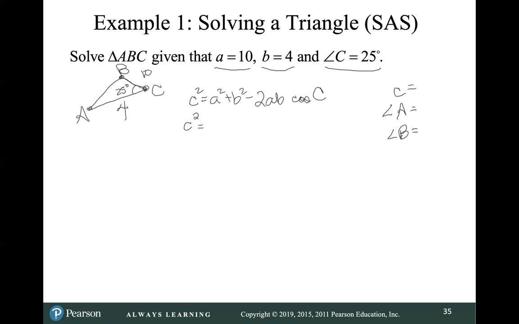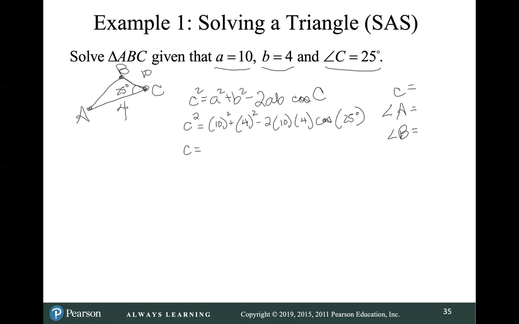C squared equals A is 10 squared plus B is 4 squared minus 2 times 10 times 4 times cosine of 25 degrees. Make sure your calculator is in degrees mode.